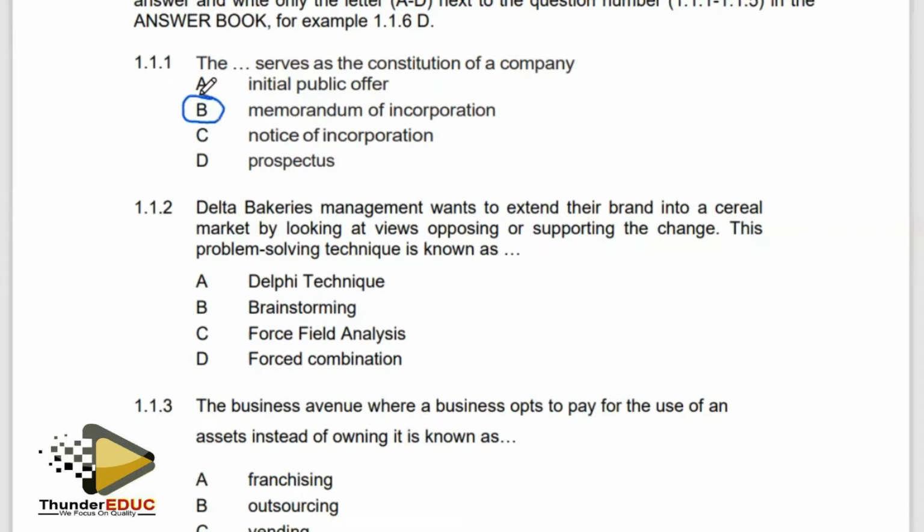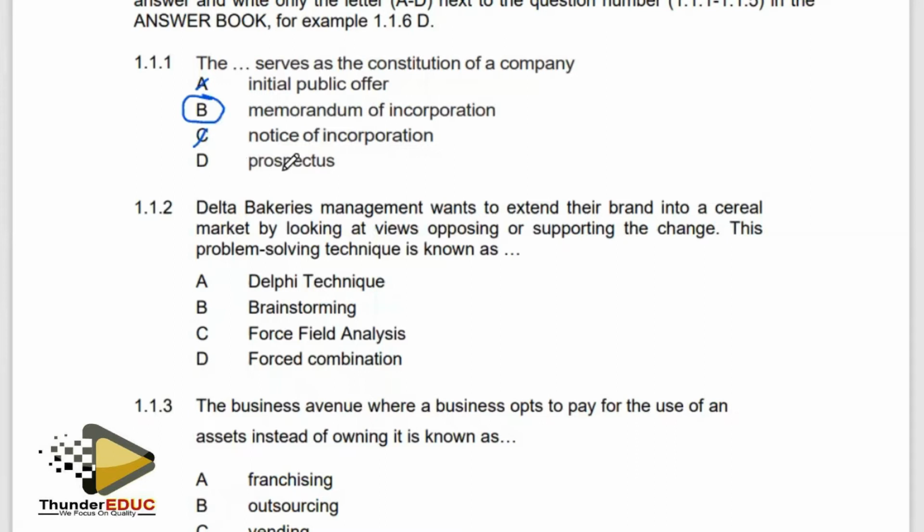You know why? Because whenever we are given objective multiple choice questions, we are given a confuser and others which are so irrelevant. So because we are saying this is not needed, this is irrelevant, what is most likely to be so close would have been a prospectus.